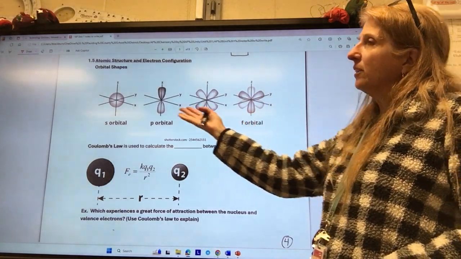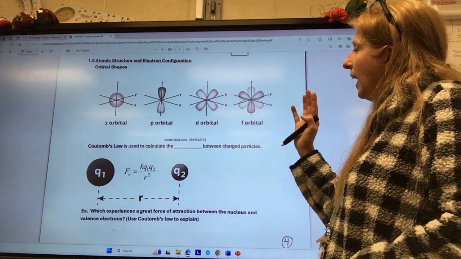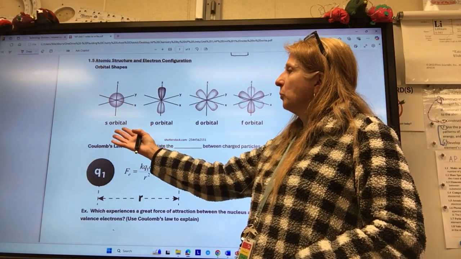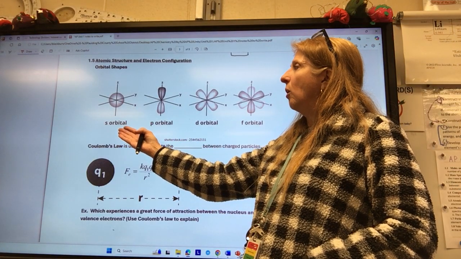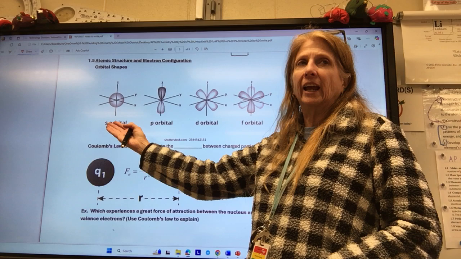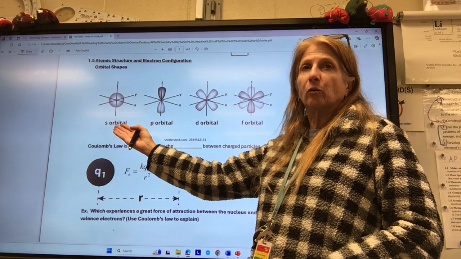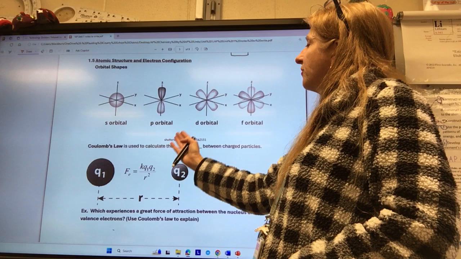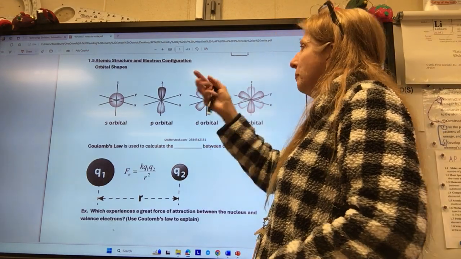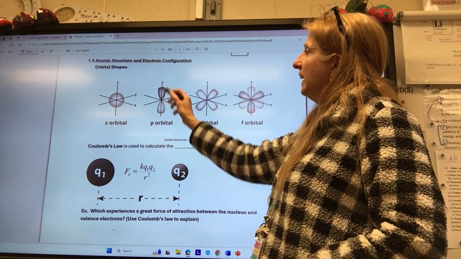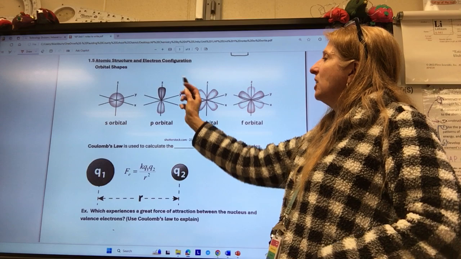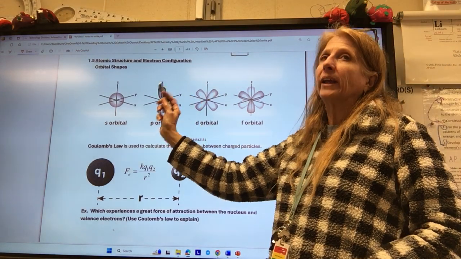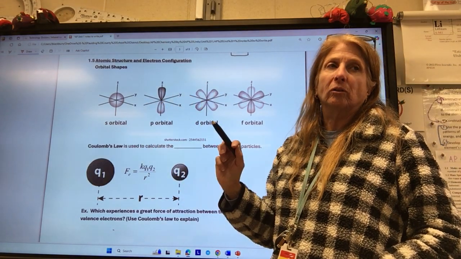Okay, so you need to know what your orbitals look like. And then the orbitals, there's only one kind of s orbital because all spheres have the same orientation. All spheres are alike. Remember learning that in geometry class? But the dumbbells can be on the x, y, or z axes. So there are 3 orientations of the p orbital.